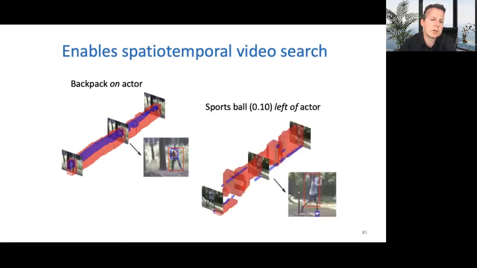And because we have the box, we can also ask size-related questions. So find me video clips where there is a small sports ball present left of an actor, to find this person hitting a baseball. So the semantic representations enable new applications.